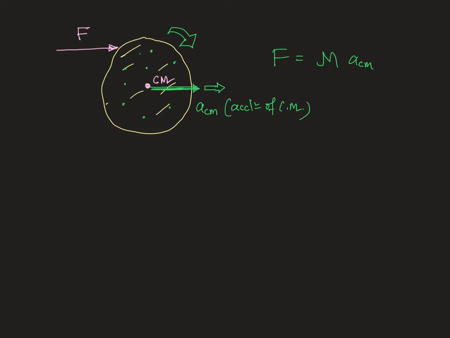In the same way, suppose you have a rolling ball, a ball rolling on ground. It's moving and rotating as well, so every point has different velocities. The center of mass is the midpoint, the geometrical center.